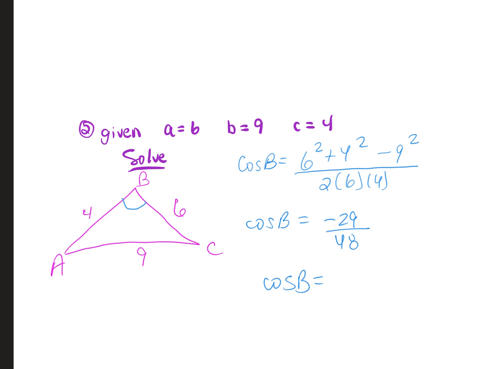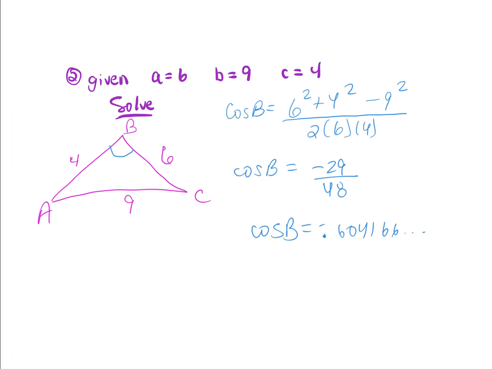So now what's negative 29 divided by 48? Negative 0.604166. You don't have to write that out. What do I need to do in my calculator? Second cosine, good. Second answer. And I get about how much? Nearest degree. Okay, so B equals about 127 degrees.